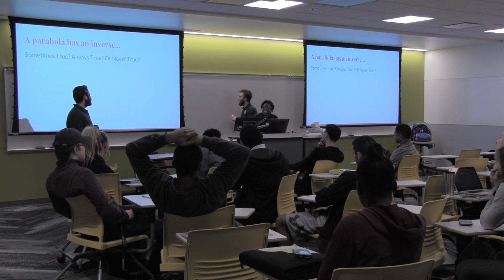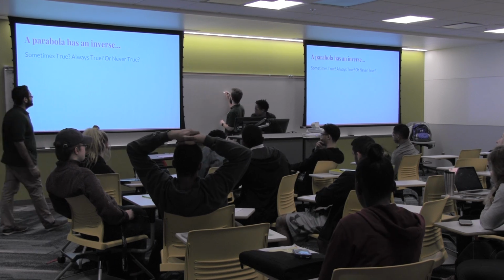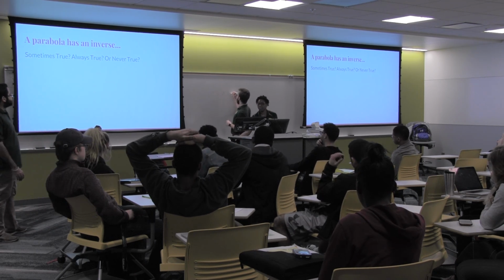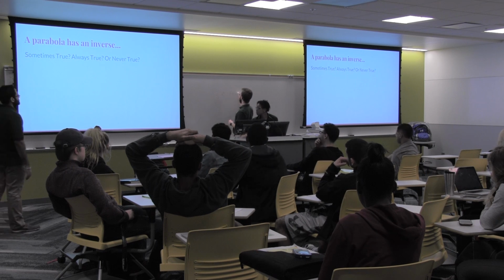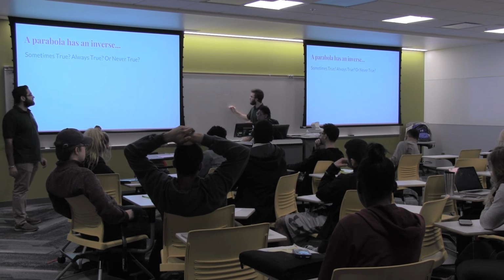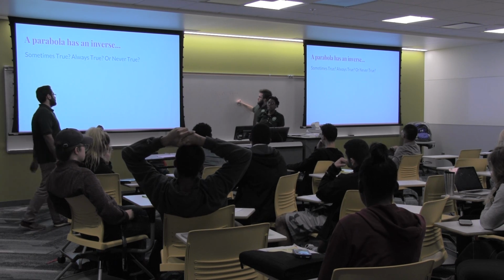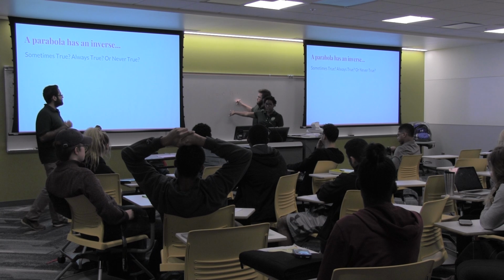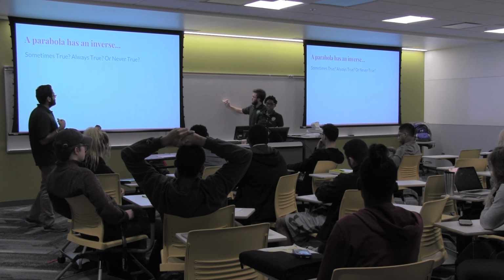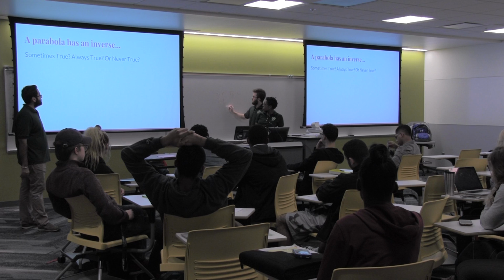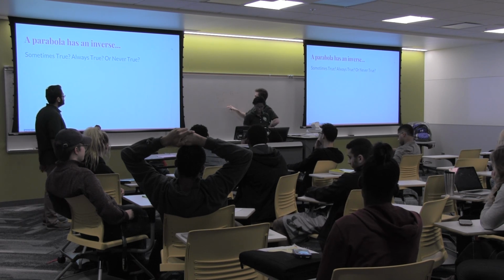So y equals x squared, right? You have to switch them now. You have to put x equal to y squared and then you solve. And then what would you get?